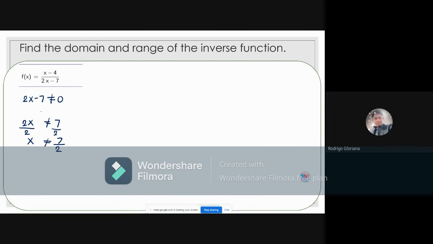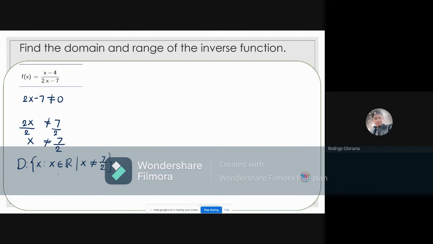On that particular, the domain now is the set of x wherein x is a real number and x is not equal to 7 over 2.